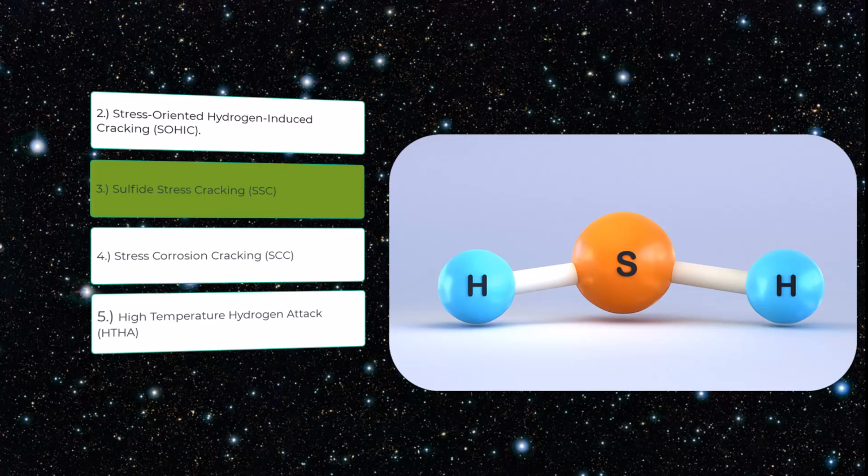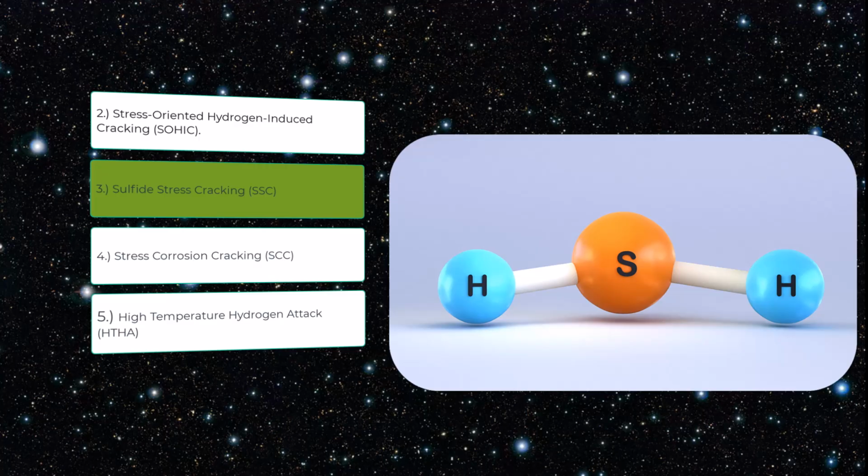The sulfide plays a role in preventing that, which increases the number and amount of hydrogen ions for permeation into the steel. And so with H2S, hydrogen embrittlement, which is what this is, can occur much faster thanks to the sulfide ions.